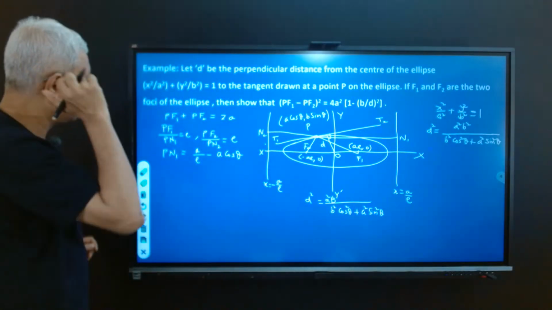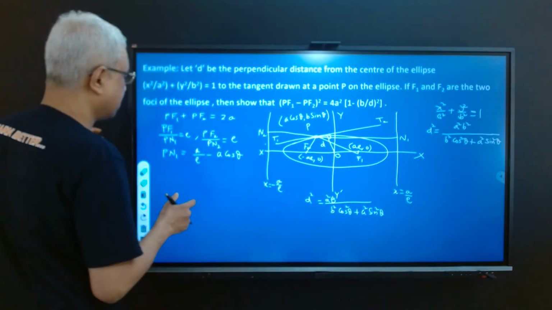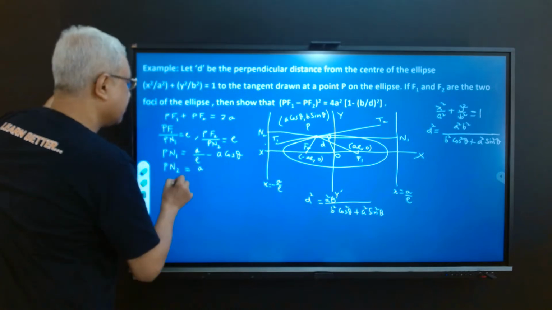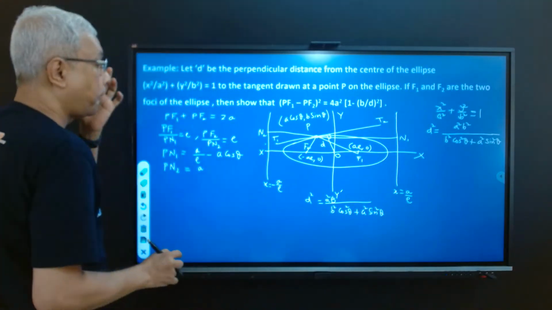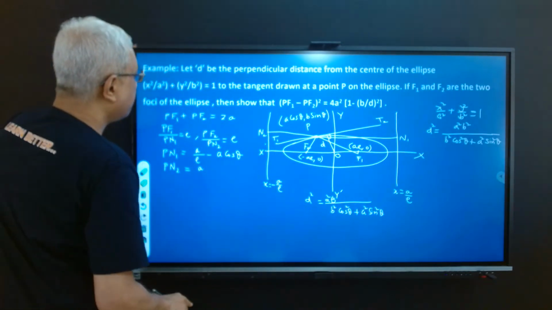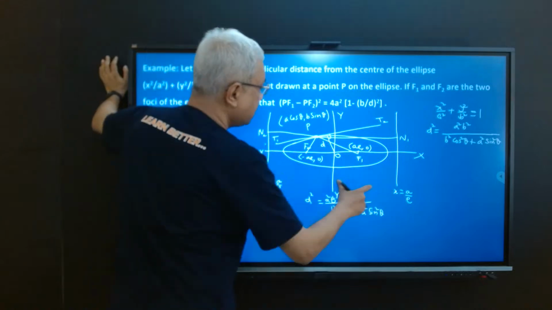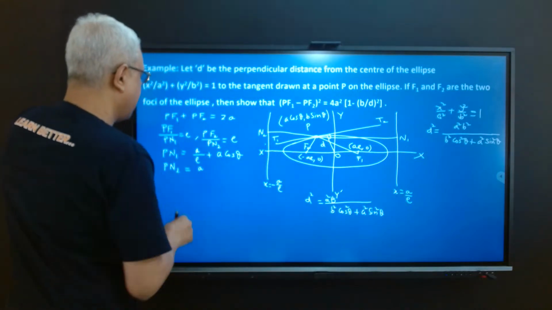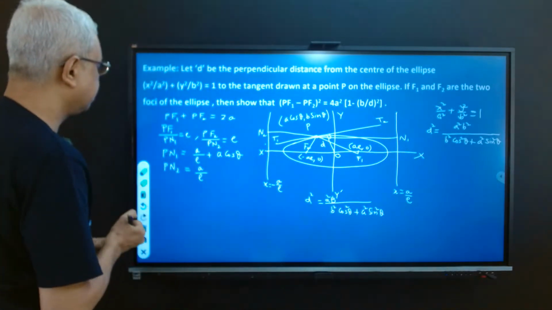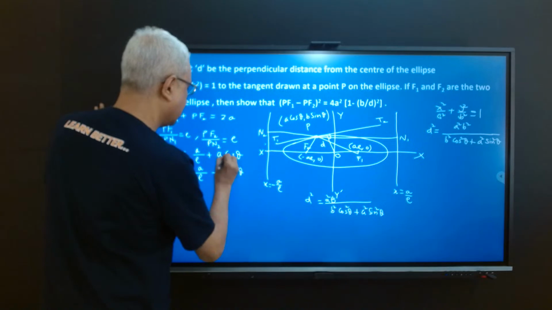Sorry, this is a by e plus a cos theta, I can say, and PN2 is actually a by e minus a cos theta.